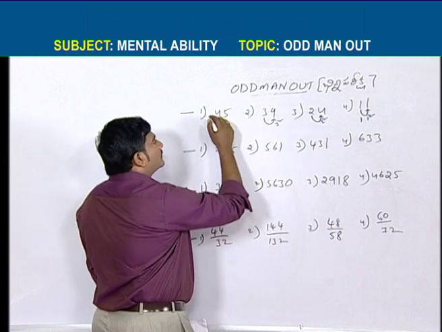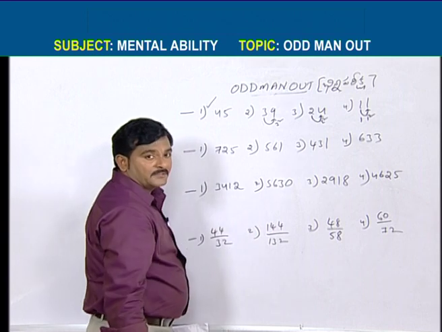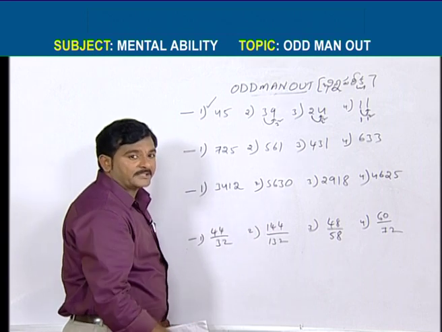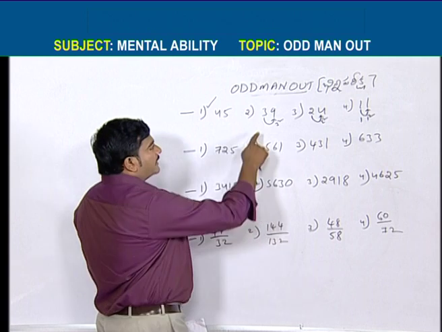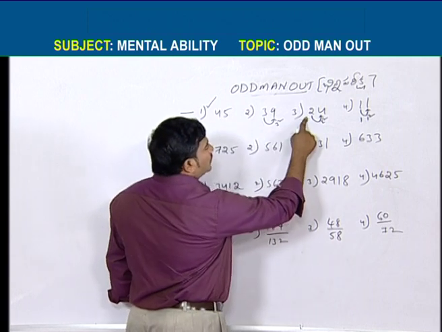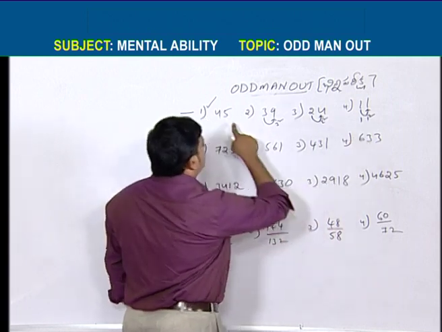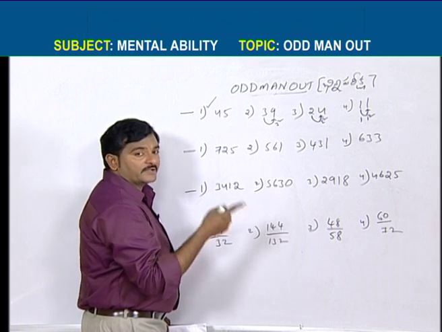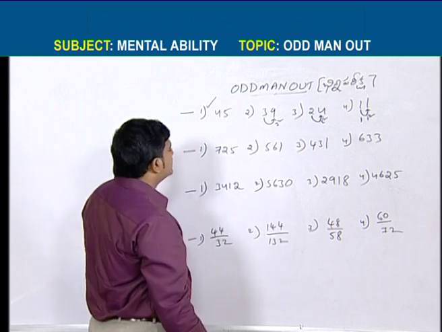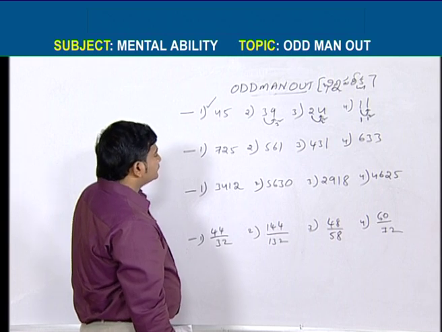Is it 4 square? No. That's why this is the answer. 39 means 3 square, 2 square, 1 square. But here, 4 means you have to get 4 square, but it is not like that. That's why the first one is the answer.